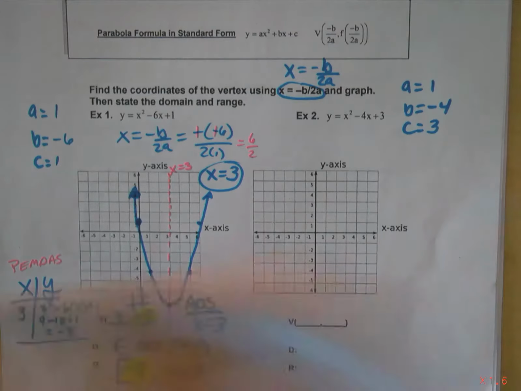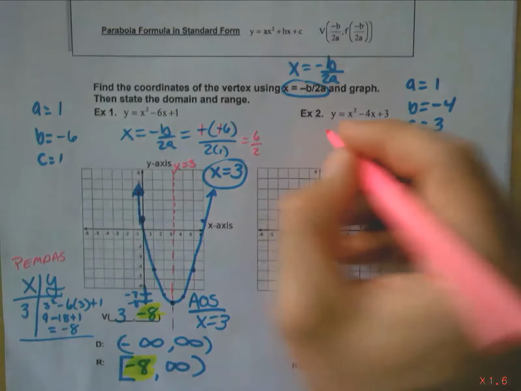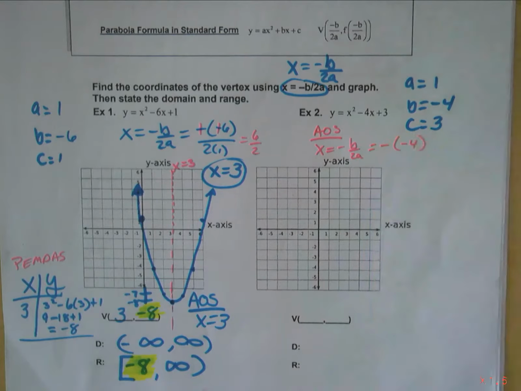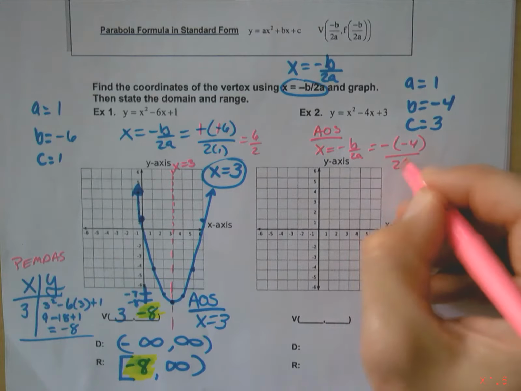All right, now it's time to plug it in. We want our AOS, so I'm going to use that x equals -b over 2a formula. So I have the opposite of -4, and then 2a, so that's 2 times 1.